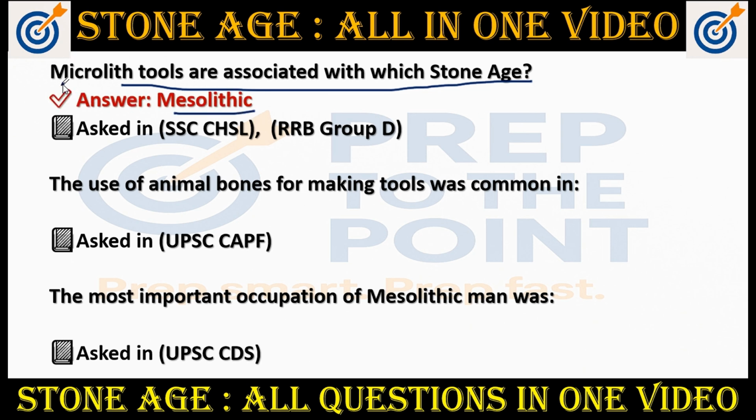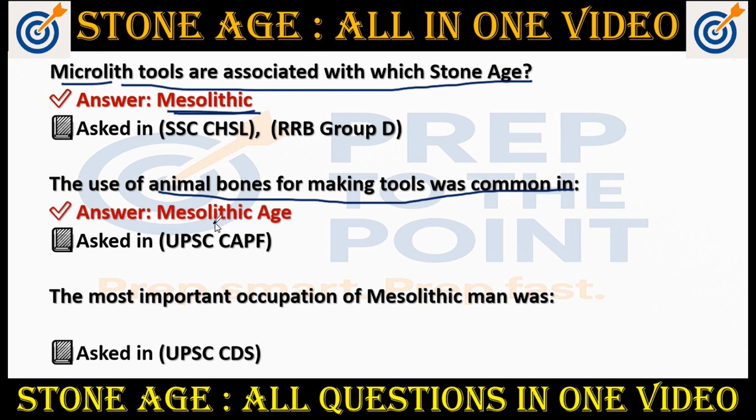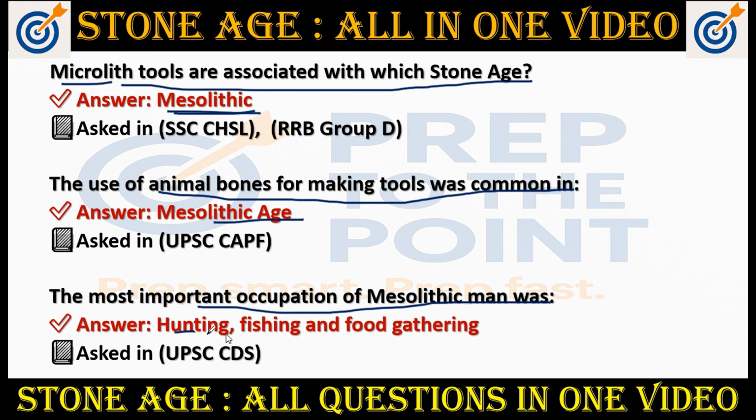Mesolithic. M for microlith, M for Mesolithic. The use of animal bones for making tools was common in which age? Mesolithic age. The most important occupation of Mesolithic man was hunting, fishing and food gathering.